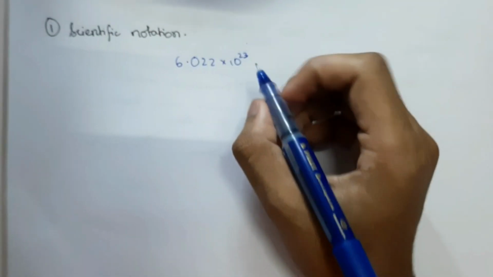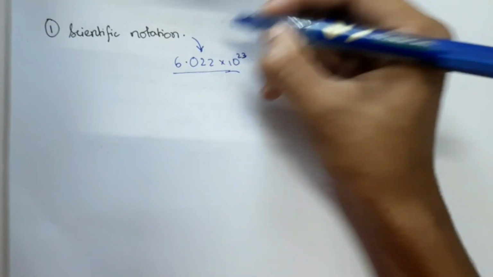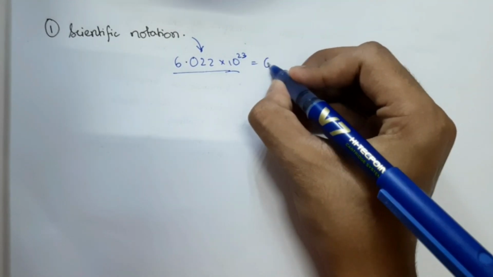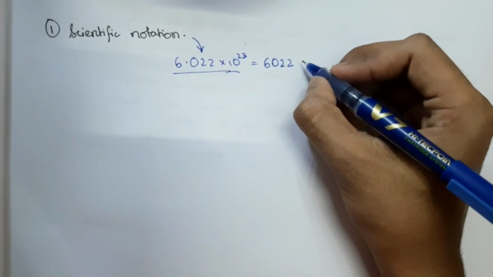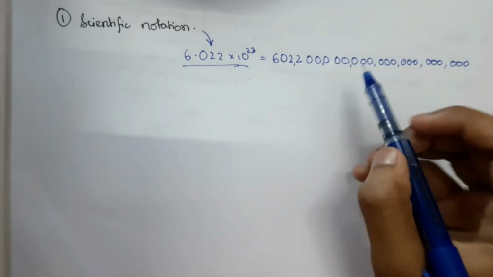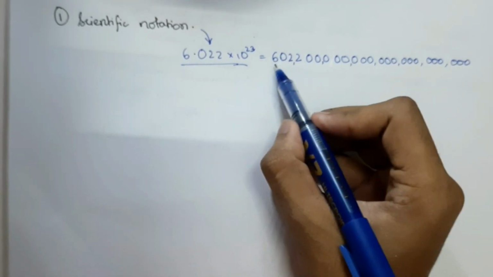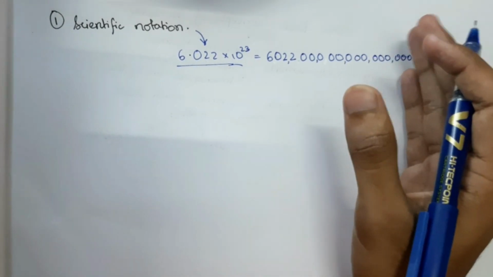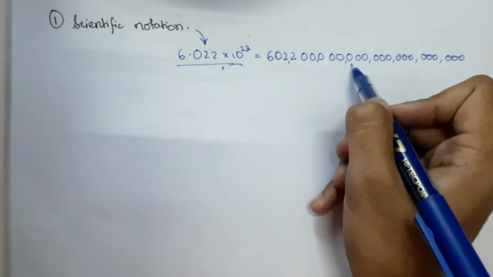This particular number is represented in scientific notation. This number is actually equal to 6022 followed by many zeros. So 6.022 into 10 raised to 23 is actually equal to this huge number. So obviously this is easier to write than this.